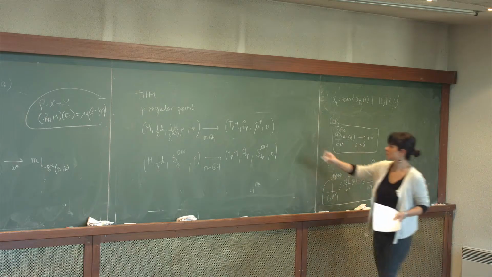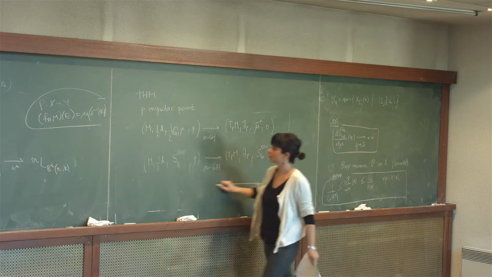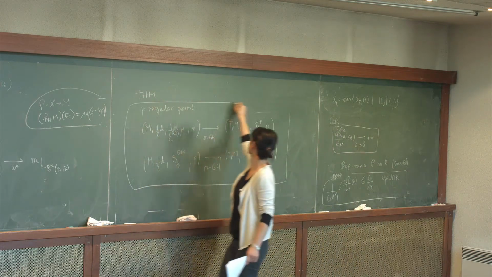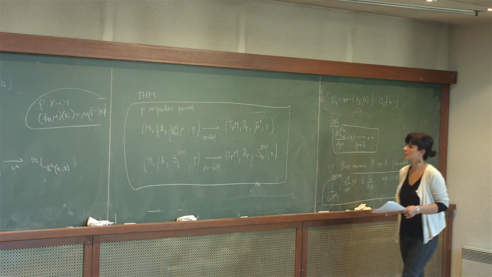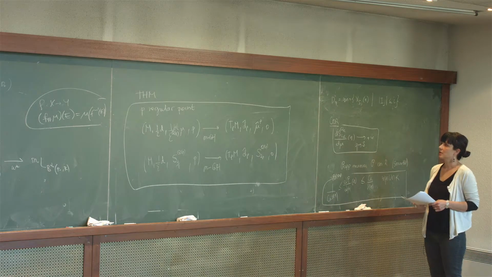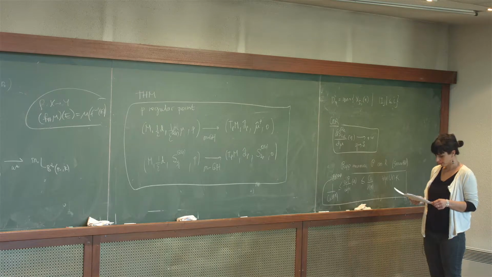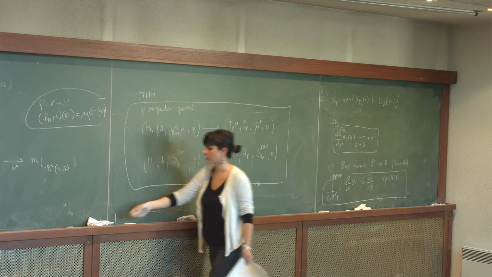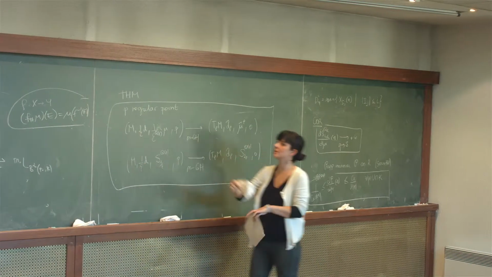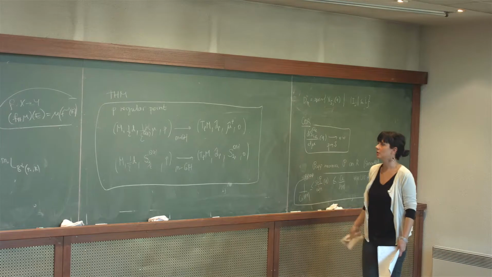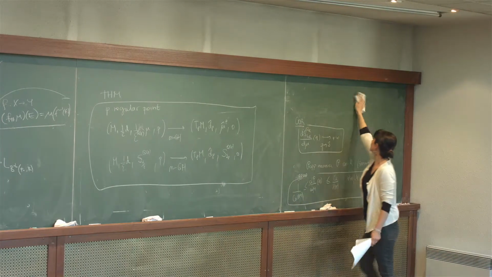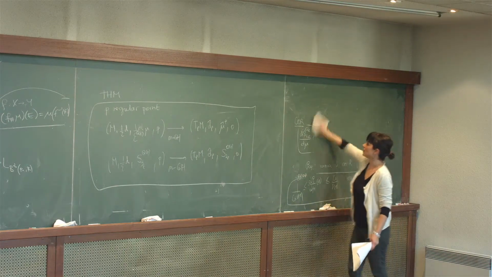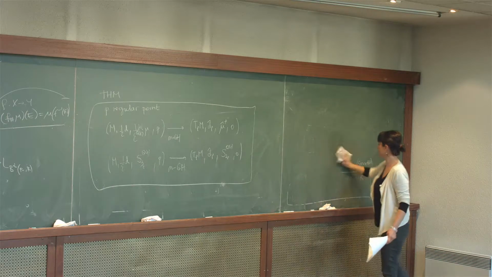Okay, some comments. Why are we interested in this kind of convergence? Because if I have this weak convergence of measure, I have a good expansion of the measure of balls.